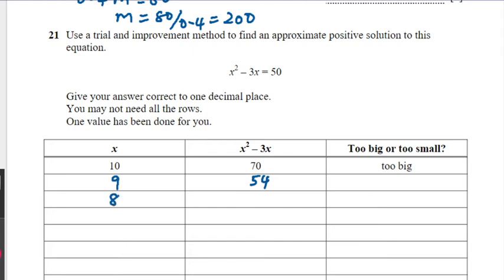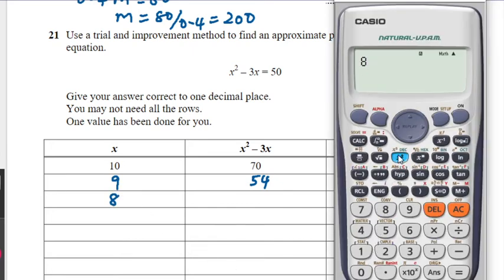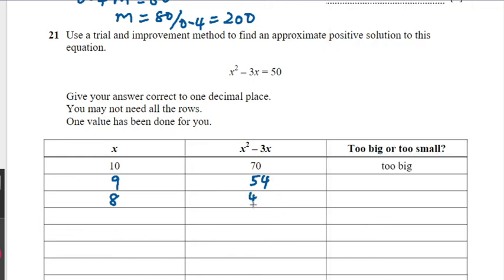Okay, how about 8? Let's see, is it closer? So 8 squared minus 3 times 8, 40, less. So we know already it's somewhere here. This 54 is very close to 50. So the answer may be around 8.7, 8.6.